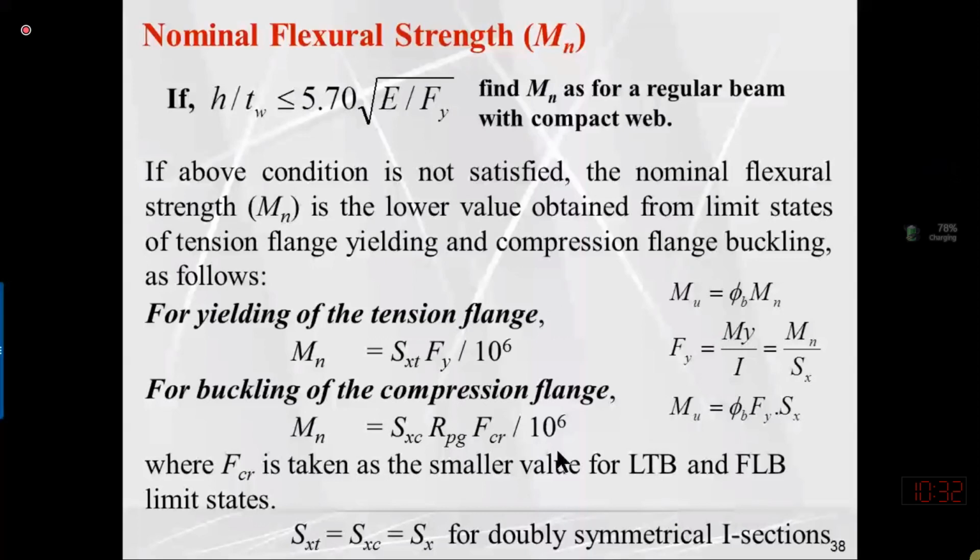So we can determine the capacity with reference to the compression flange by multiplying the section modulus with reference to the compression flange and Fcr. So the Fcr value is the critical stress at which the buckling in the compression flange will occur. So the Fcr value is a function of two parameters.